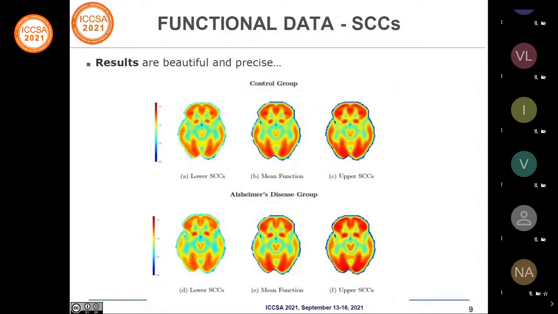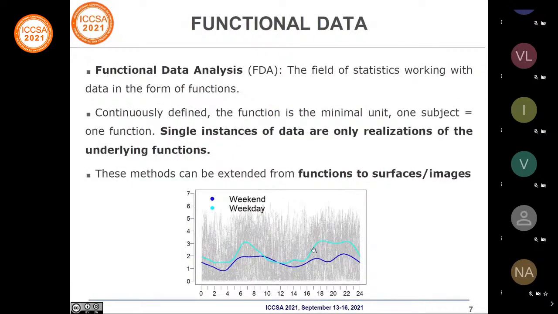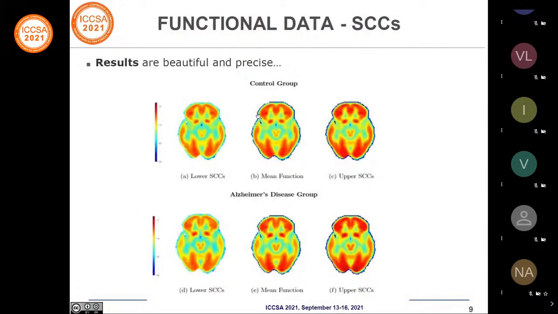So for example, here, just to understand ourselves and to be on the same page, we'll have a control group and the Alzheimer's group. In the middle, the mean function. Instead of a function like here, we are now working in a two-dimensional space. So this is actually a function, but representing a slice of a brain. And considering this legend, you can see that this is the lower confidence interval in the form of an image and the upper interval.